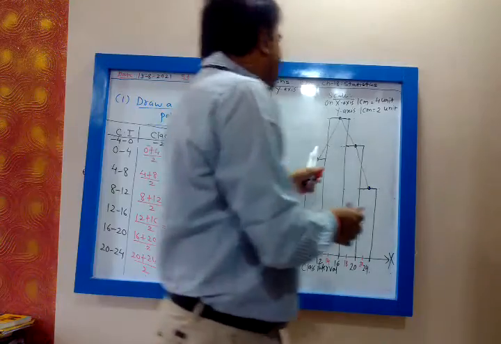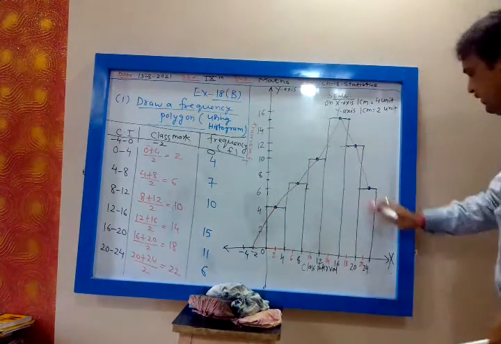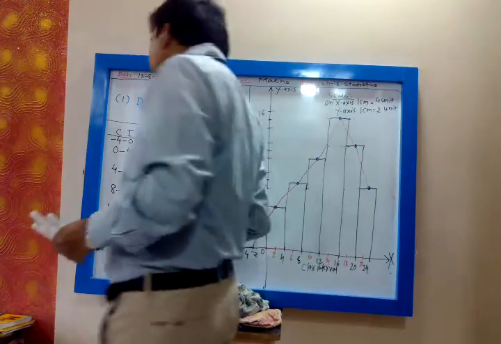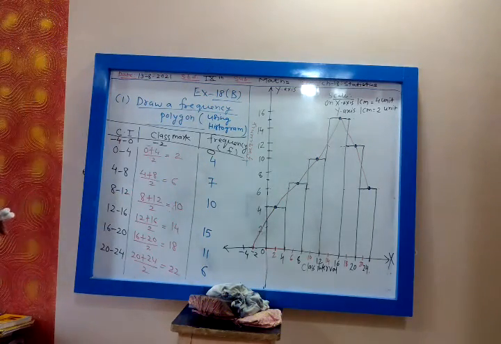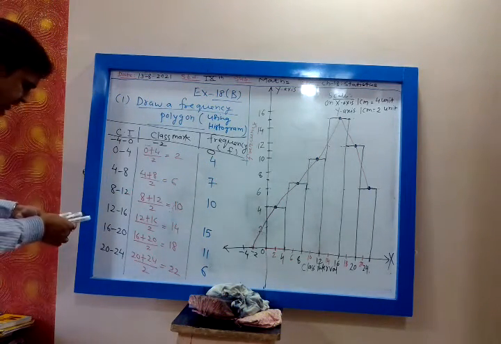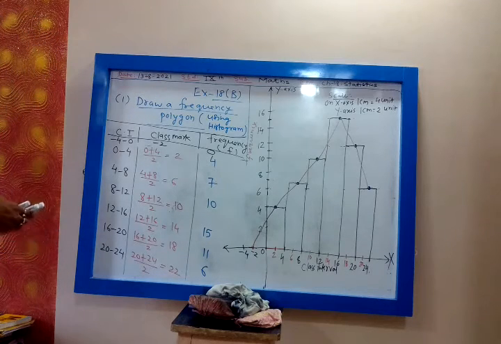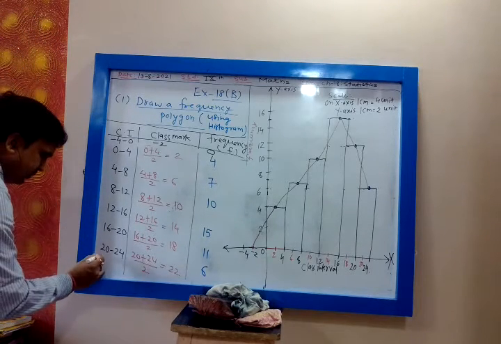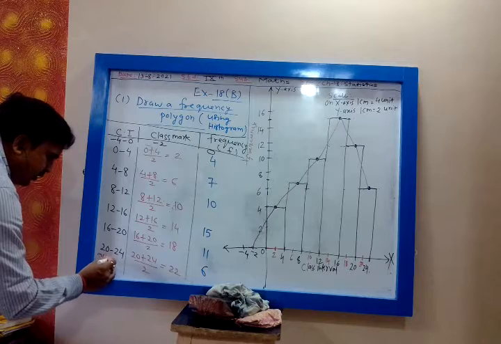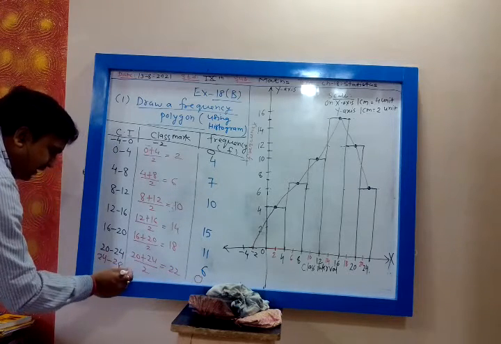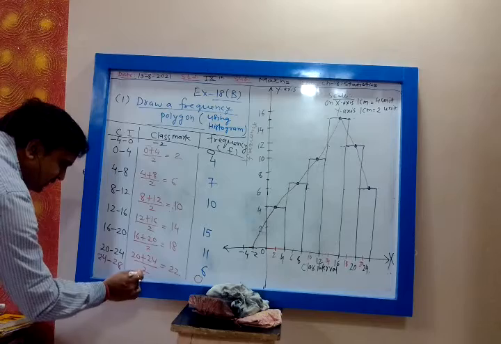Now to end this frequency polygon at the x-axis, at the end I will take one more class interval with frequency 0. So that is 24 to 28, with frequency 0, and the class mark will be 26.